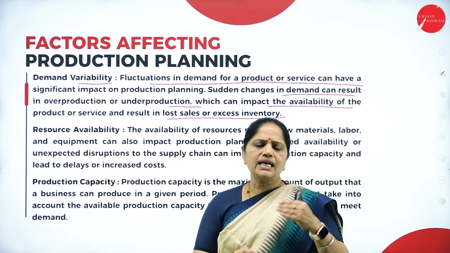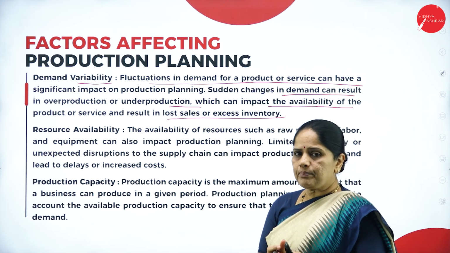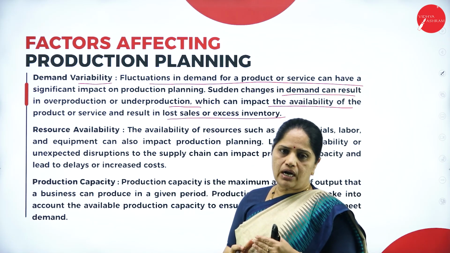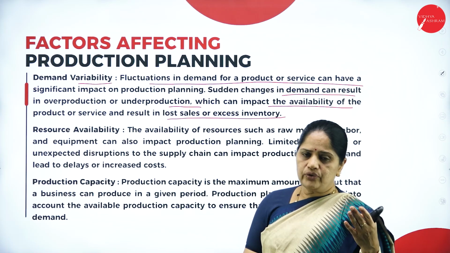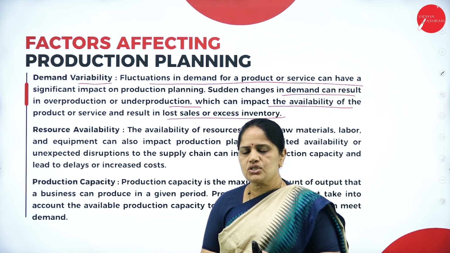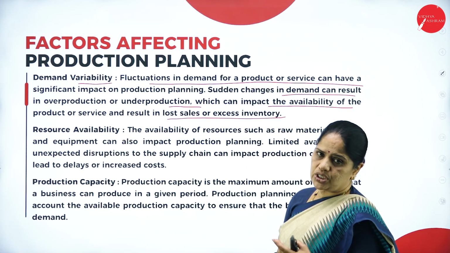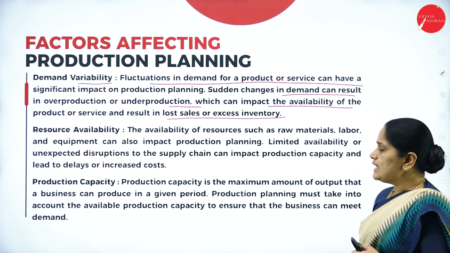So, if there is a sudden change in the demand, then what happens? There may be overproduction or underproduction. So, if there is overproduction, then what happens? You will have excessive inventory in stock, and if there is underproduction, there may be loss in the sales.